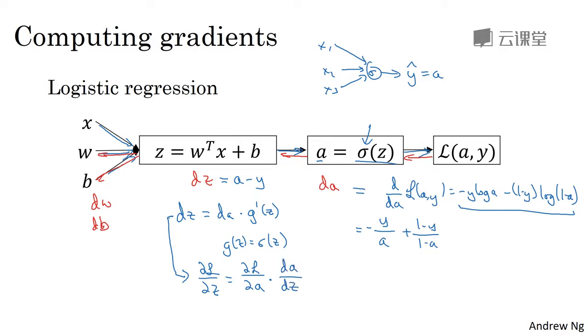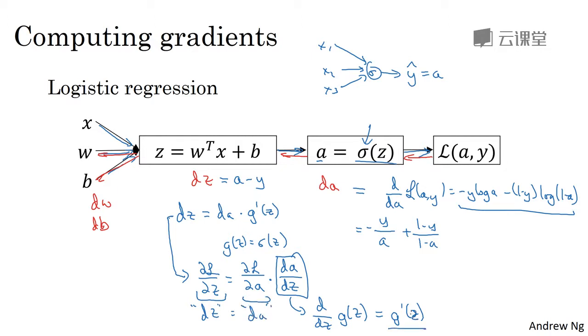But since a is equal to sigmoid of z, this is equal to d dz g of z, right? Which is equal to g prime of z. So that's why this expression, which is dz in our code, is equal to this expression, which is dA in our code, times g prime of z. And so this is just that.